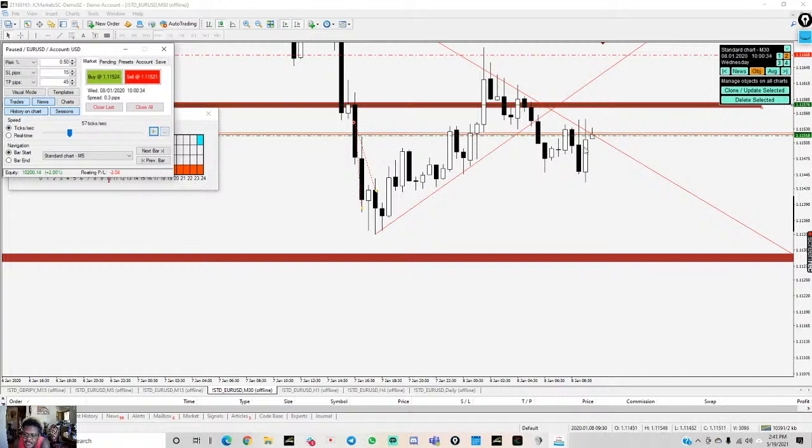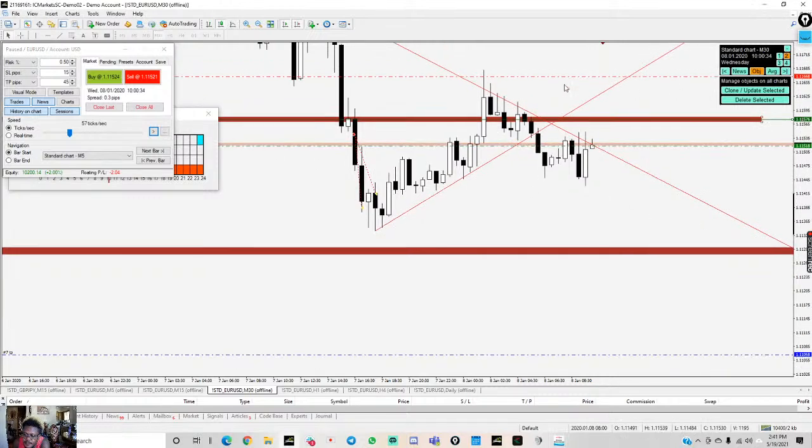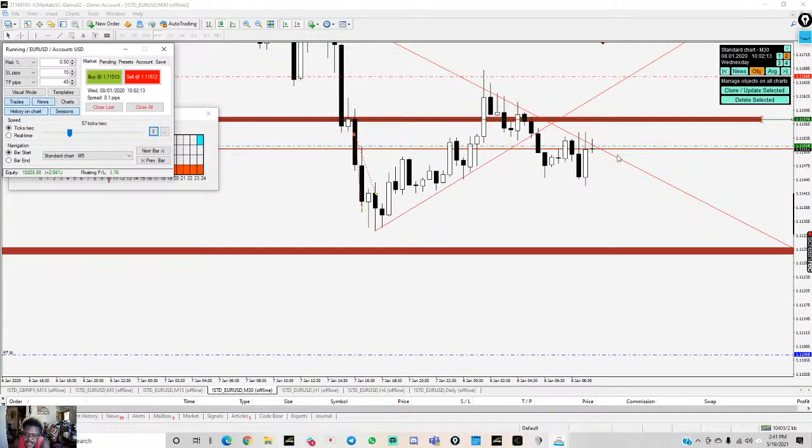Seeing that it closed like this, we're still respecting the trajectory of the trend line, so we should be safe. I think our overall risk could be about $50. Let's see if price will continue to respect the trend line, or if we will close back above here.